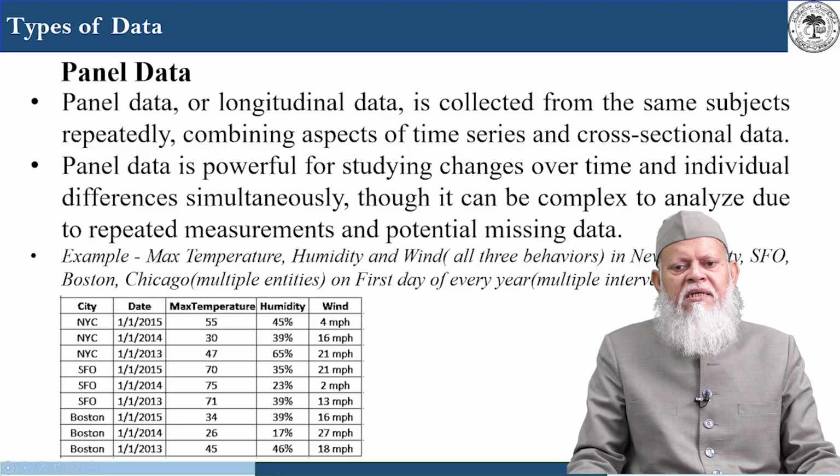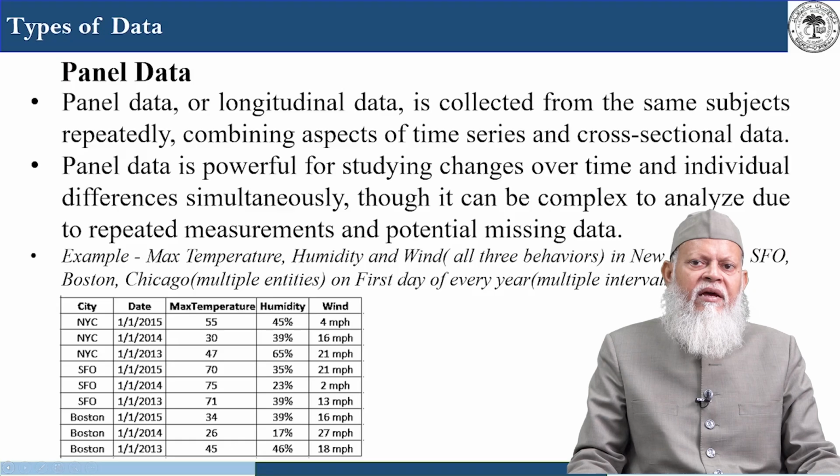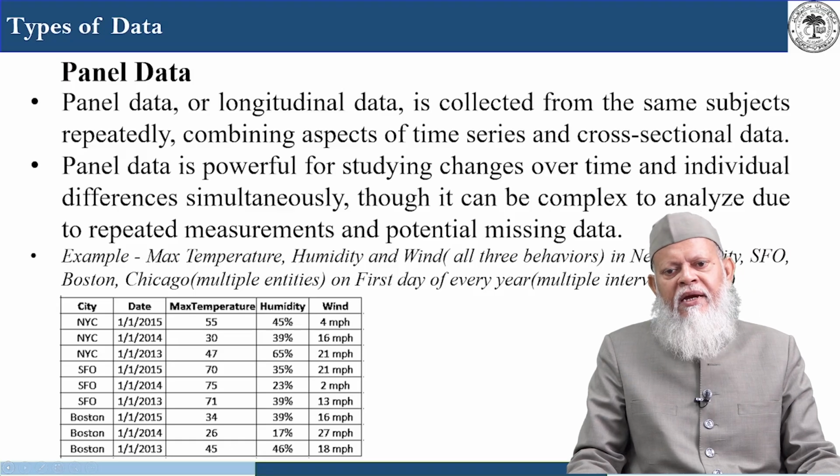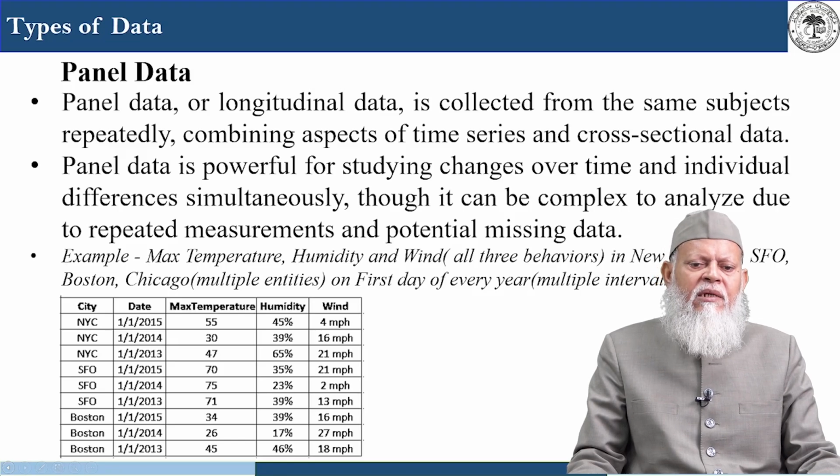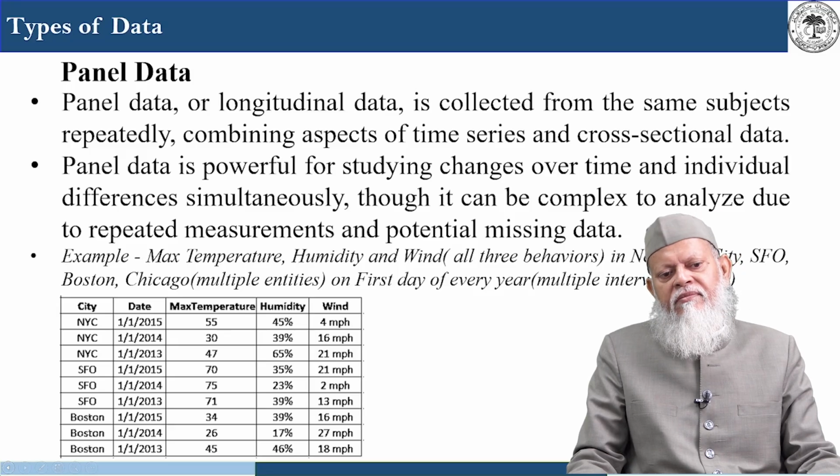In the time series data, we had single entities with different time periods, and in cross-sectional data, we had different entities with one time period. Combine these two, and in this panel data, we have multiple entities and multiple time periods.